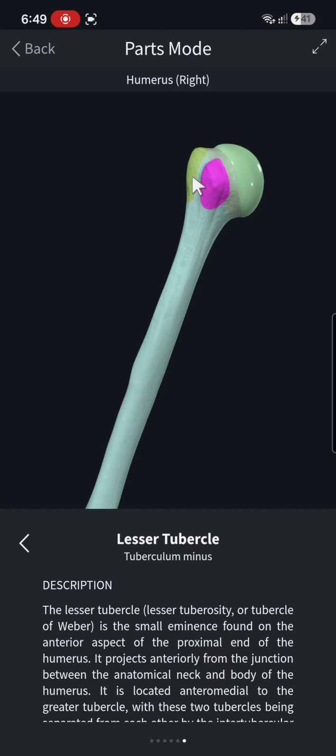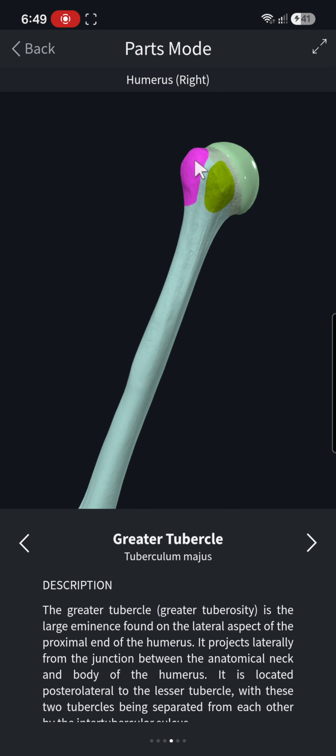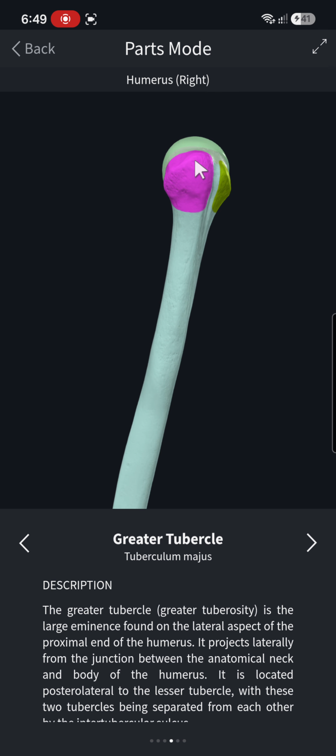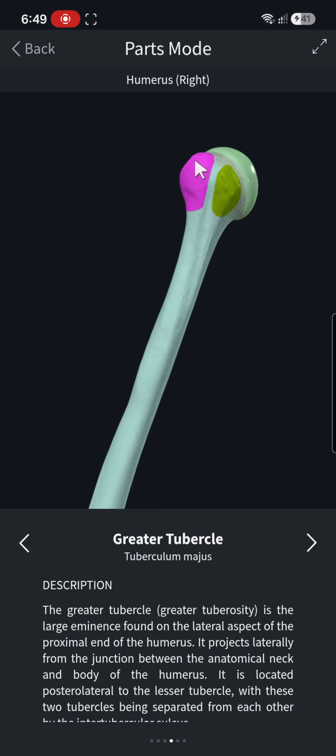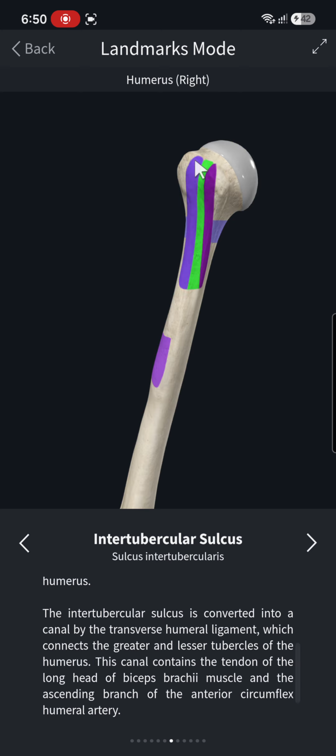And then the other 3 of the rotator cuff muscles will have insertion points on the greater tubercle, which are the supraspinatus, infraspinatus, and the teres minor. So 3 of them insert into the greater tubercle, and 1 of them inserts onto the lesser tubercle.